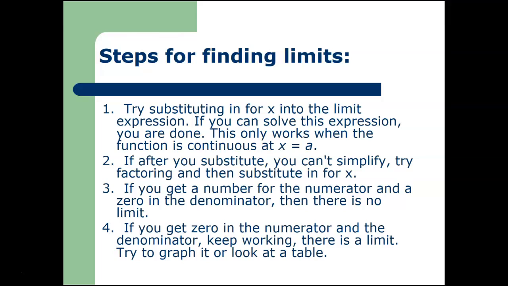So if after you substitute you get 0 over 0, you need to try to factor. If you substitute and you get a number in the numerator and a 0 in the denominator, then there is no limit, and that's a DNE. If you get 0 in the numerator and the denominator, again, you have to keep working.